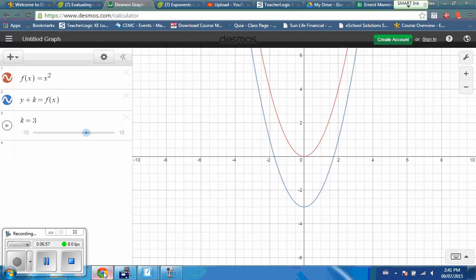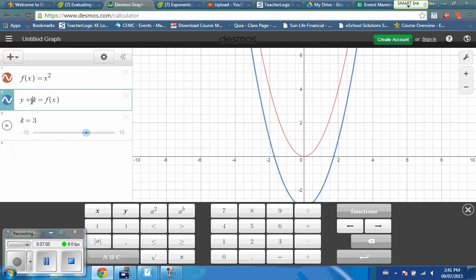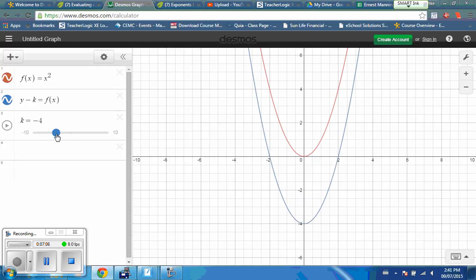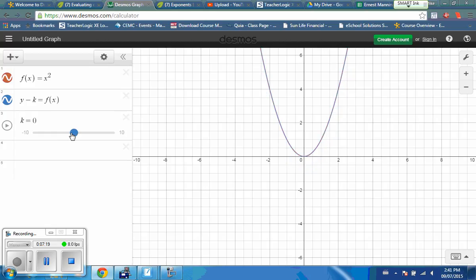And now, again, if I change this back to a y minus k here, and then I shuffle this thing around, negative k down, positive k up, negative k down, positive k up. Now, you have to subtract the positive k to make that make sense, but that's what we do.